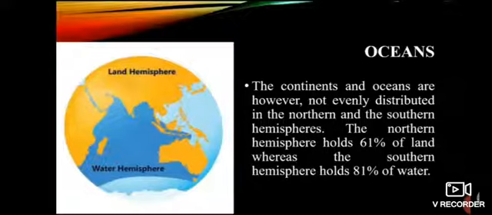The northern hemisphere holds 61% of land, whereas the southern hemisphere holds 81% of water. So the northern hemisphere is called the land hemisphere and the southern hemisphere is called the water hemisphere.